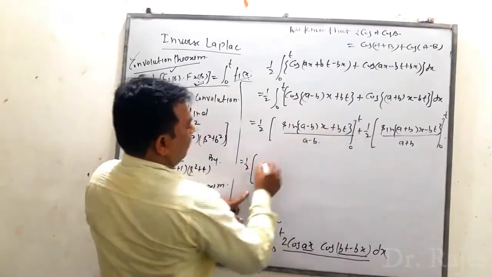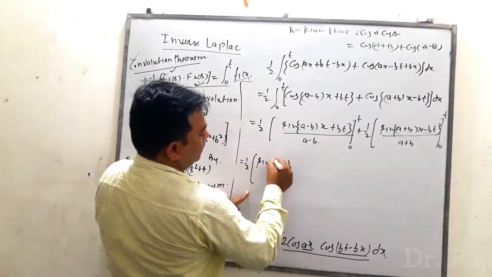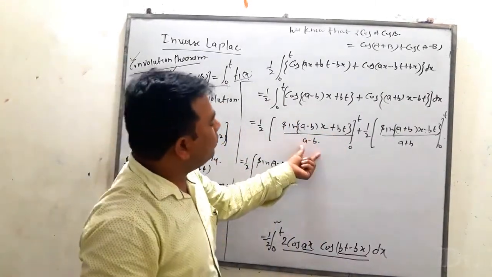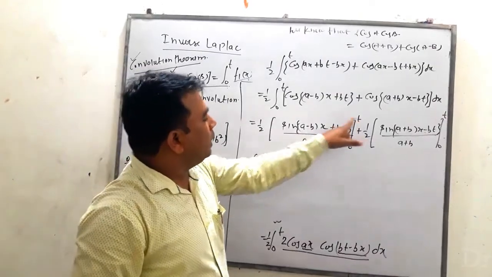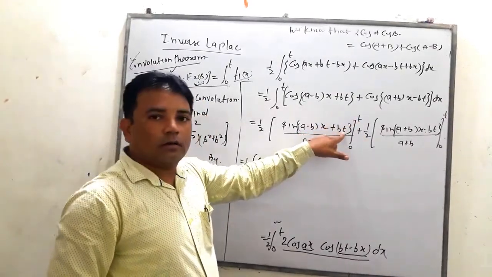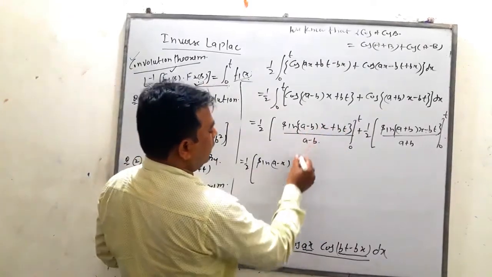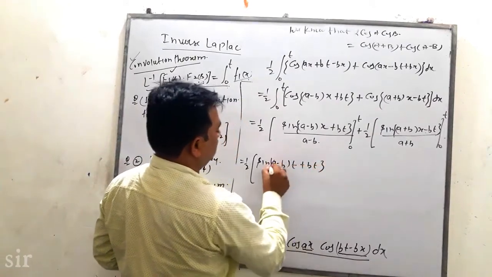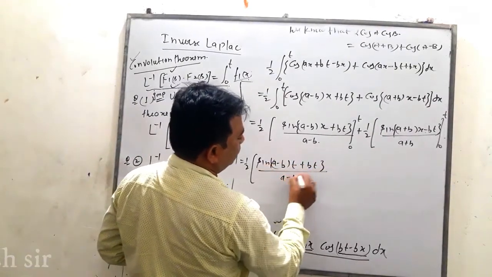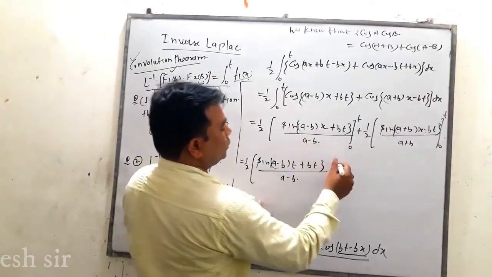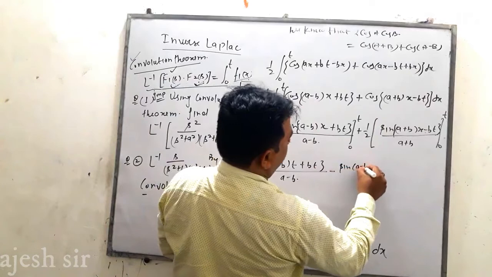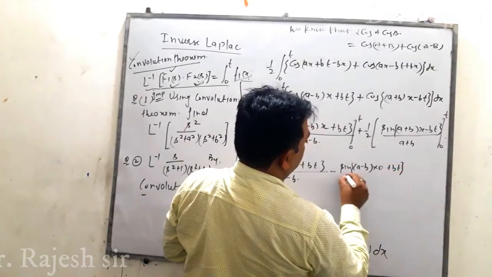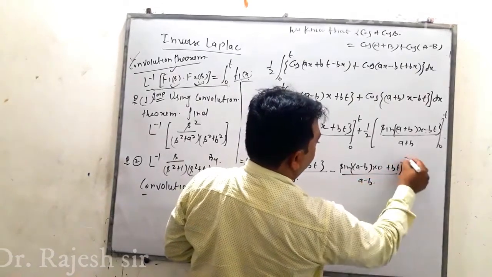Now applying the limits. 1 by 2 times sin, in place of x we apply the limit t, so we get sin((a minus b)t plus bt) upon (a minus b), minus applying limit 0, sin((a minus b) times 0 plus bt) upon (a minus b).